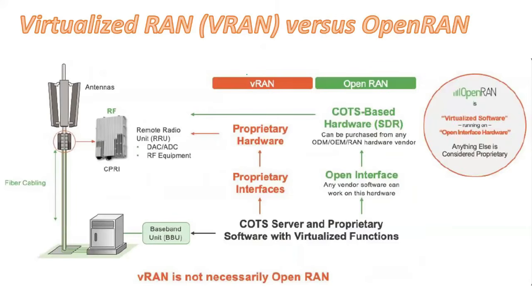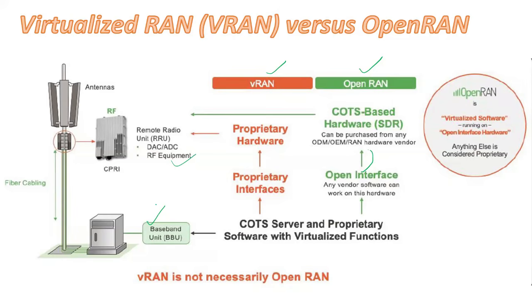So again, this is the vRAN and this is the Open RAN. In the Open RAN, the interfaces are also open in addition to the RRU and the baseband. So any vendor software can work on any open RRU, right? So Open RAN is the disaggregation of hardware and software, right?